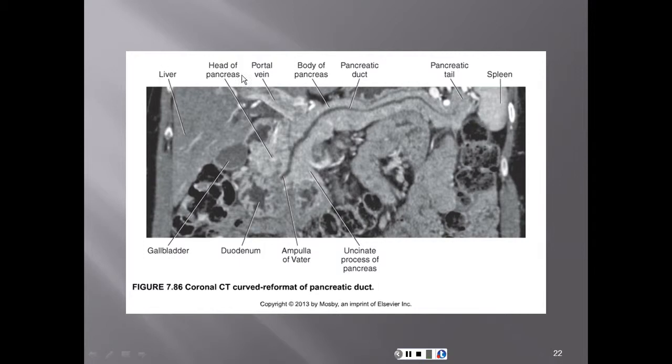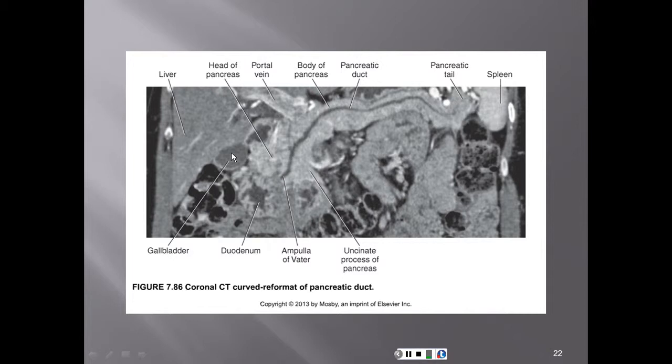This image is very useful for obstruction of the pancreatic duct. It is advantageous to see the pancreatic duct in one continuous image to evaluate for stones, obstructions, things like that.